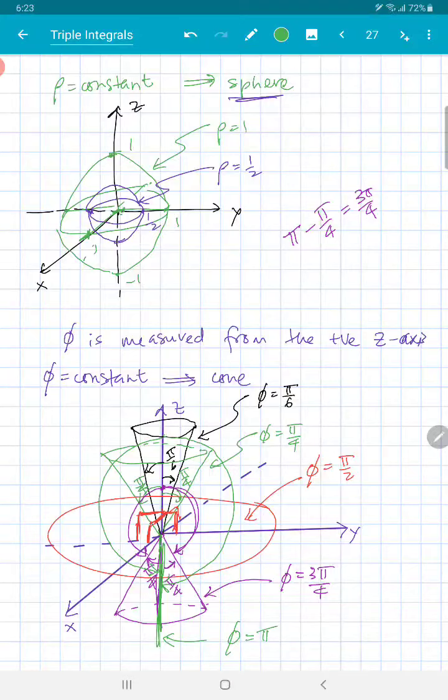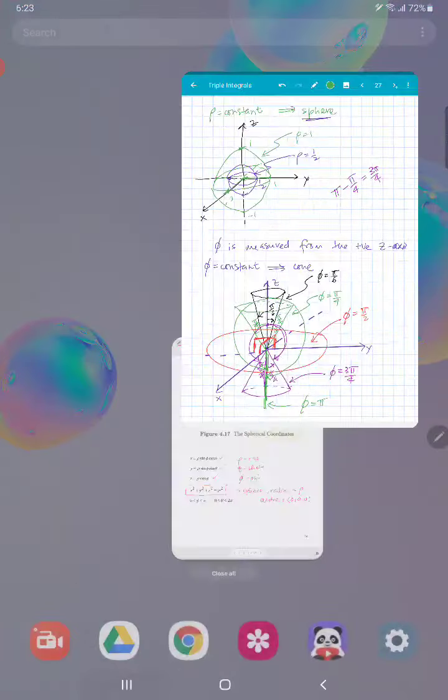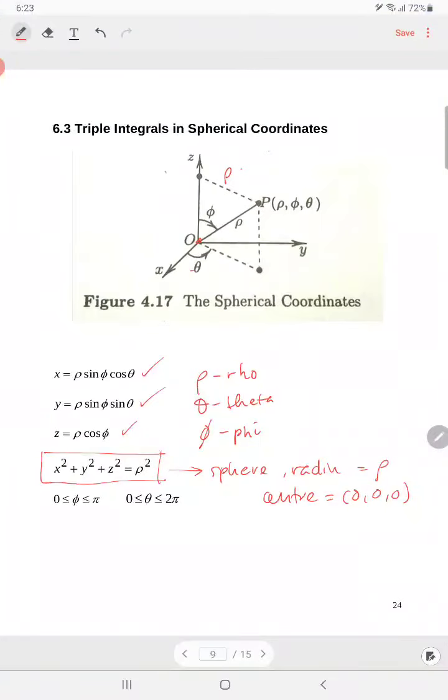So you can't go larger than pi. The range for phi is from 0 to pi. So 0 is on the positive z-axis, and phi equals pi is on the negative z-axis, so the angle is pi.